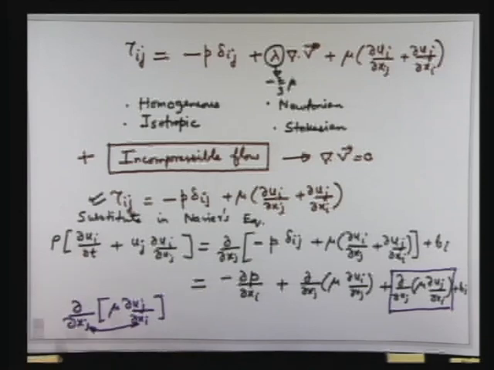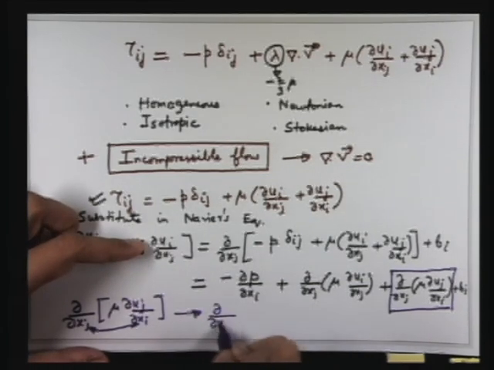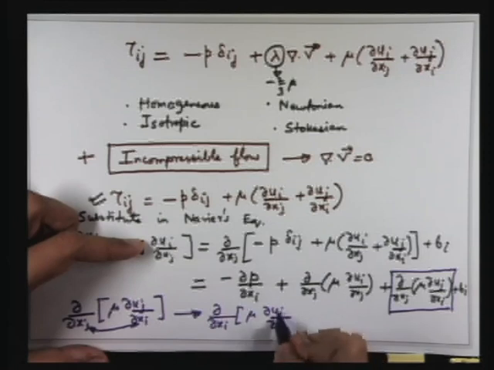If you have a second order cross partial derivative continuous, we can either differentiate with respect to x first or y first. Similarly, here we can swap these two and we can write del del xi of mu del uj del xj.